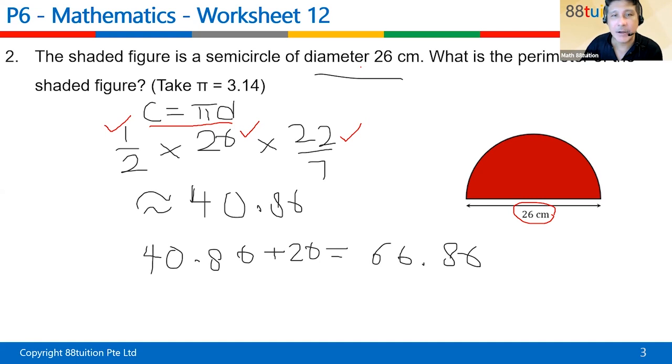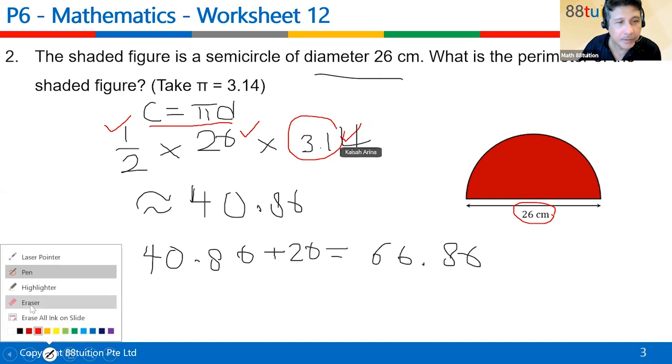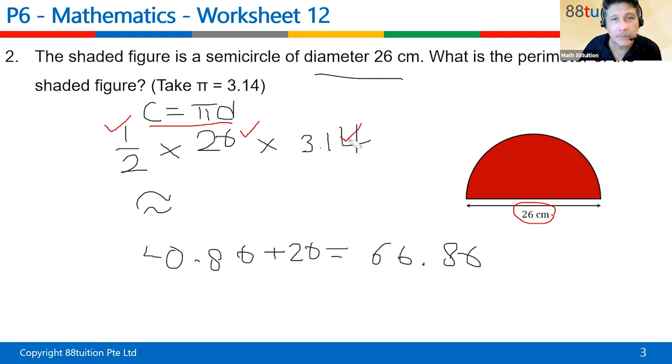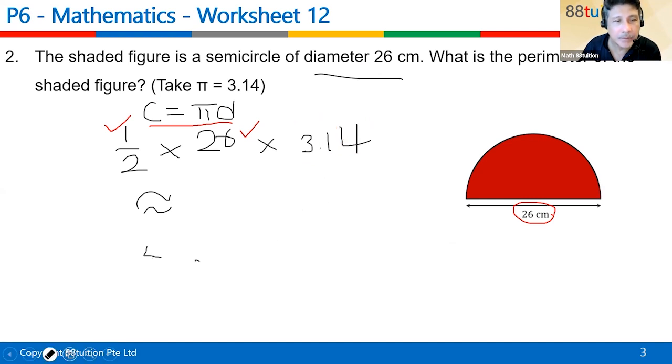You used the wrong formula. Cannot use this, you have to use 3.14. Kaiser, continue. Once you use 3.14, I think you do not need to use the approximation sign anymore. You will be able to get a number that ends with 2 decimal places.